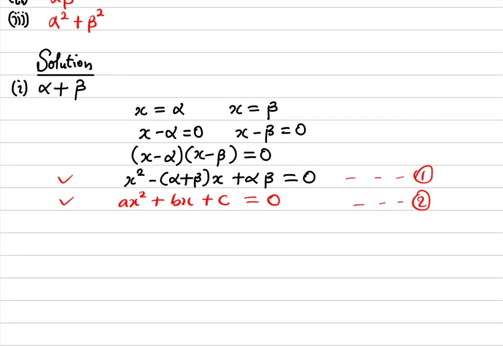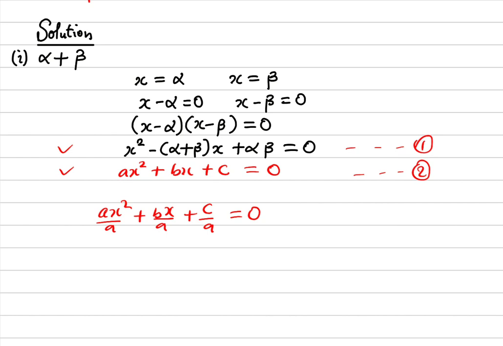So what am I going to do to equation 2? I'm going to divide all through by a. So that I'm going to have ax squared over a plus bx over a plus c over a equals 0. At the end of the day, I'm going to have x squared plus b over a x plus c over a equals 0.